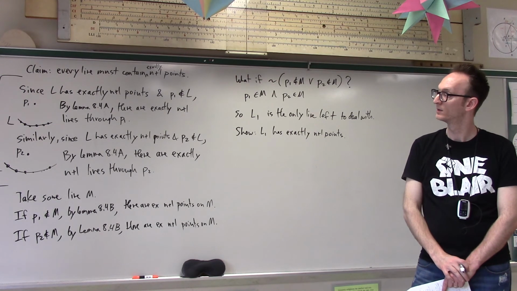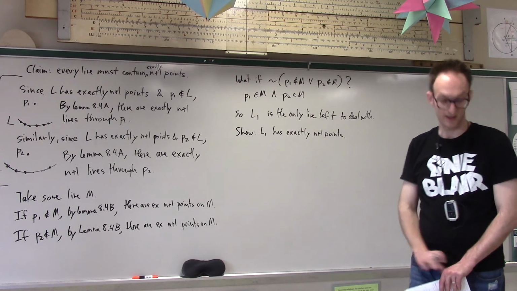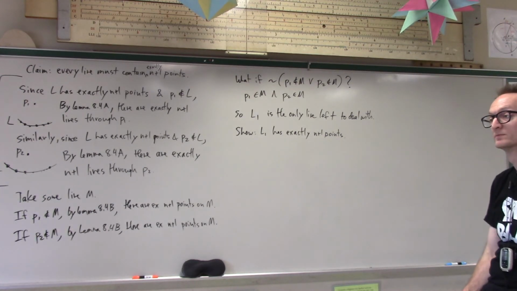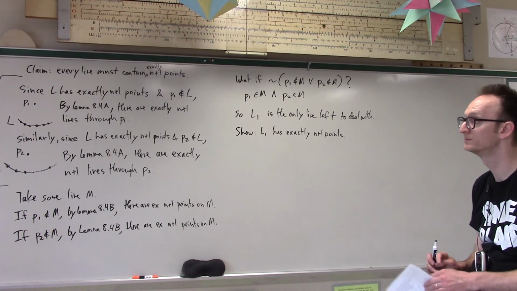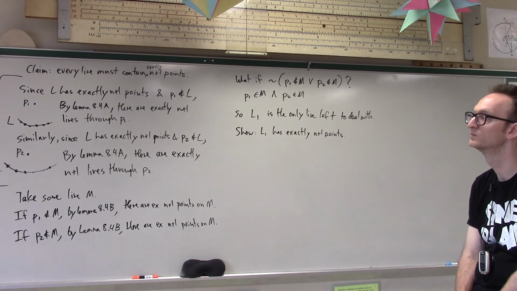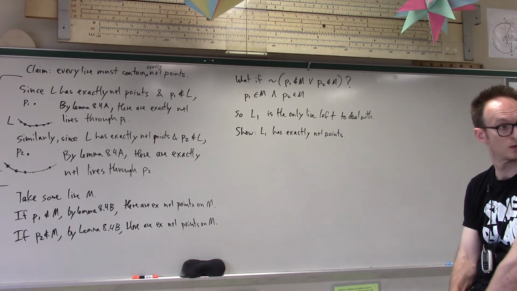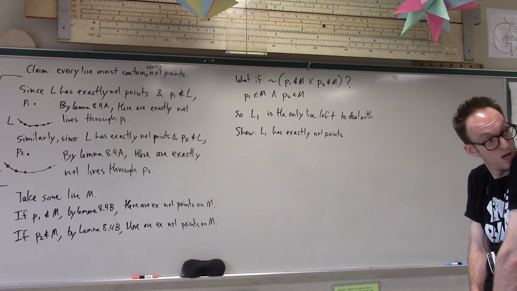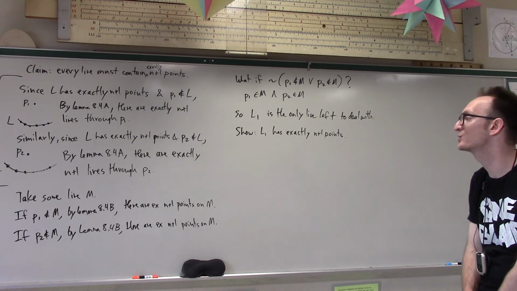Can I snag another line from there? Yeah, sure. If we bring in L3, we know L3 has n plus 1 points on it, so X has n plus 1 lines through it, so L1 has n plus 1 points on it. Yeah, that's pretty much it.